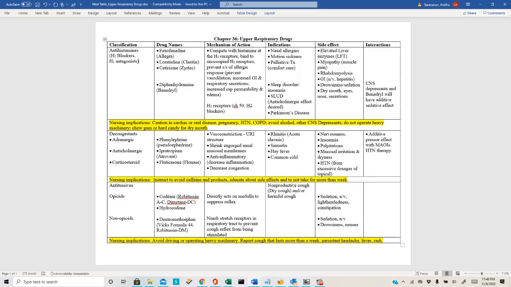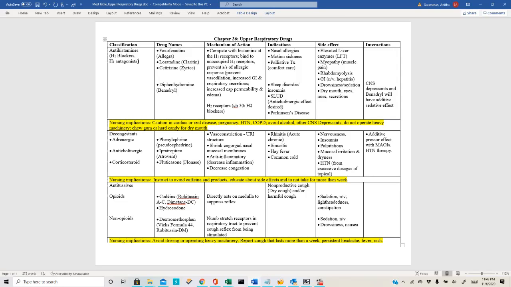Corticosteroid means they contain the cortisol part of it and the steroid portion, and they are secreted from the adrenal glands. So you can give this in a tablet form to help reduce inflammation. So it's a very potent anti-inflammatory, and thereby it prevents congestion. So these three are the categories of decongestant: adrenergic, anticholinergic, and corticosteroid.